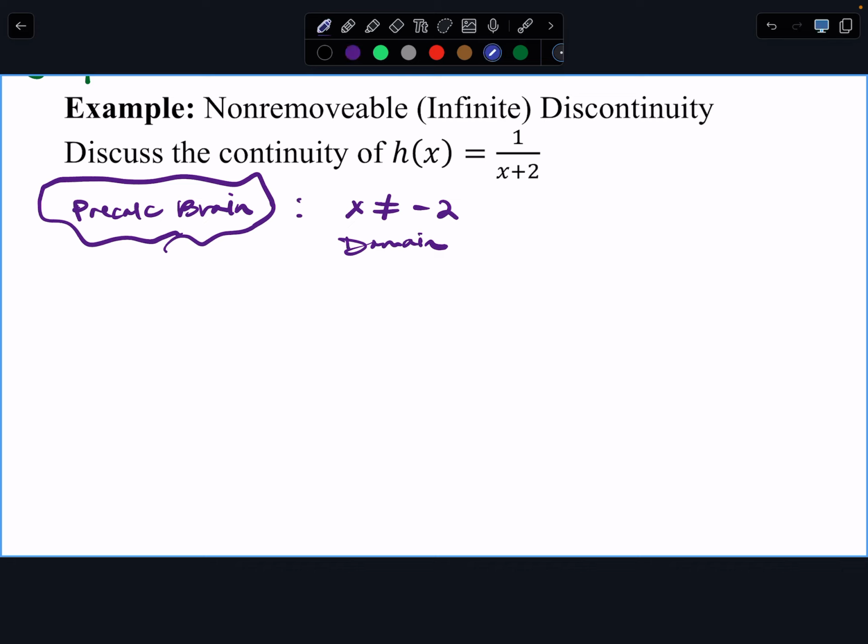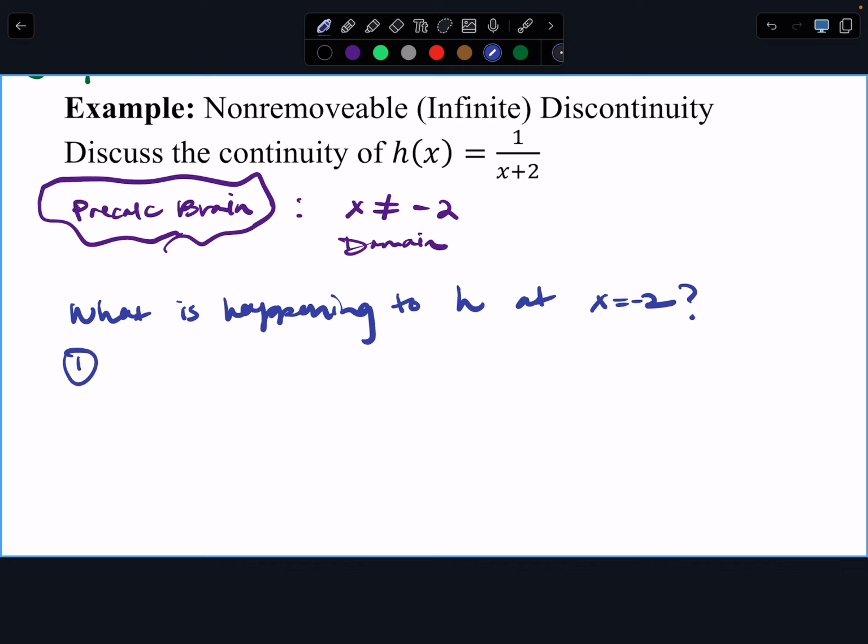So that's where we can focus in on applying that definition of continuity at a point for this function. We're thinking, what is happening to h at x equals -2? And using our definition of continuity at a point, we can figure that out. So first of all, h of -2, and we already knew this, right? h of -2 ends up being 1/0, which is undefined.